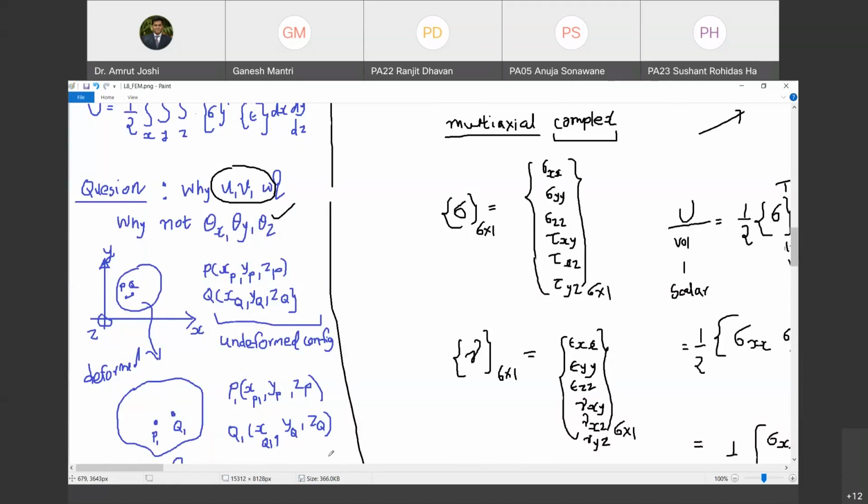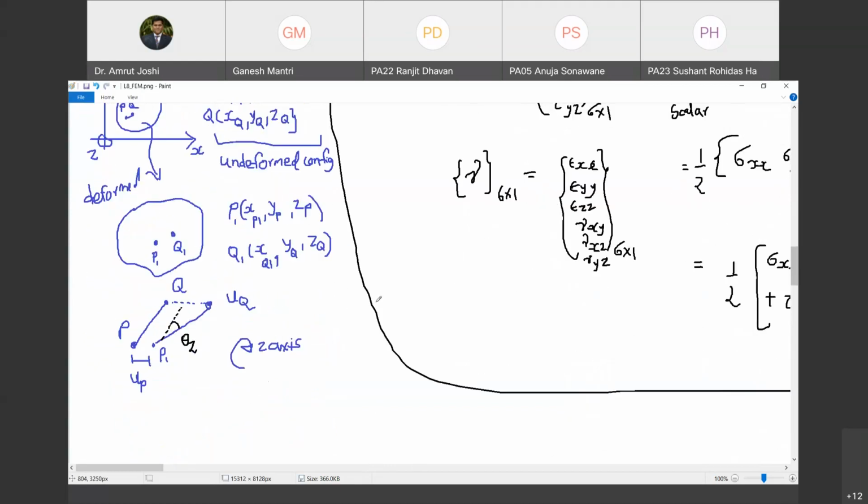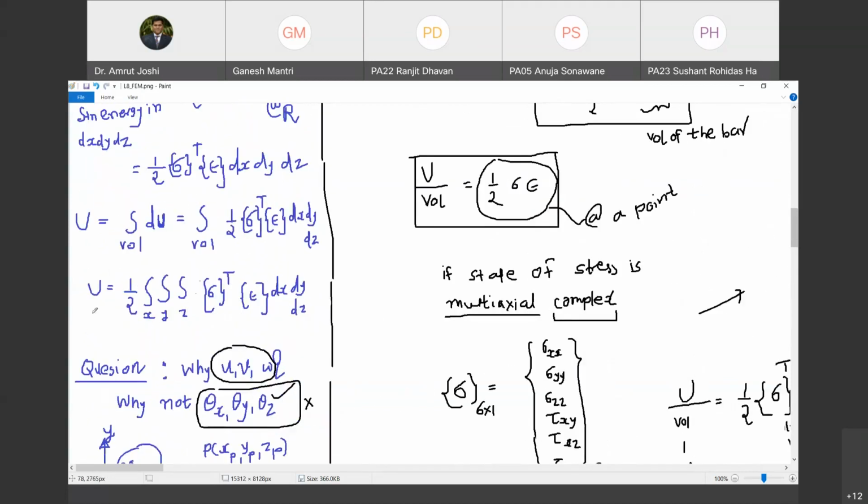But that is captured by the difference of u, v, w at p and q, so we need not consider these unknowns separately. Just because I have considered translations as my primary unknowns does not mean that I have not taken rotations into account. Rotations are implicitly taken care of.